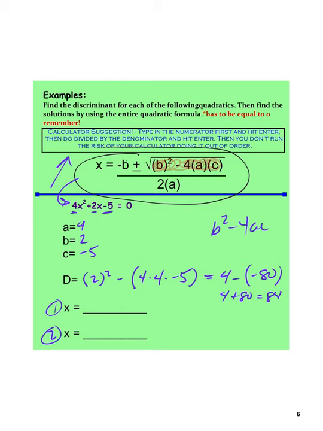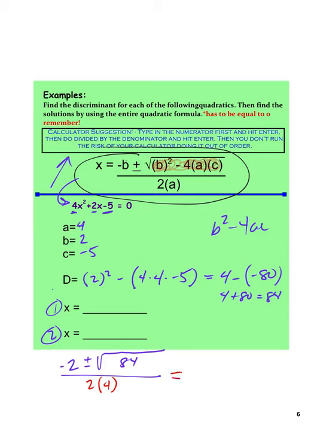So what that means is we're going to put the values into our equation. We've got -b, which is -2, plus or minus the square root of the discriminant, which we've already found to be 84, so we're comfortable with that. And then divided by 2 times a, which is 2 times 4.